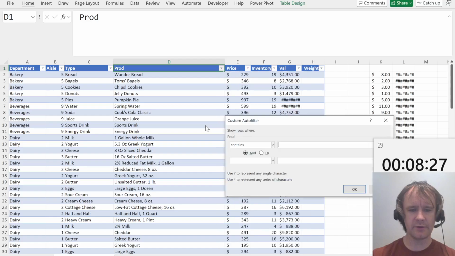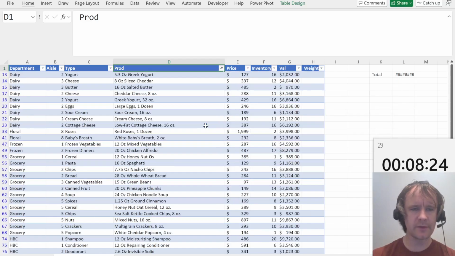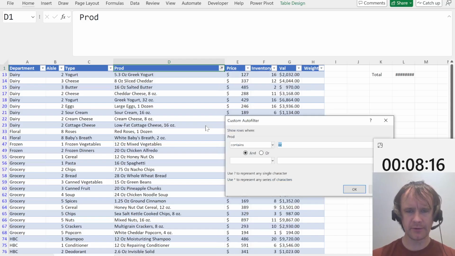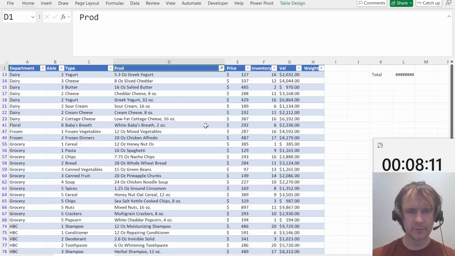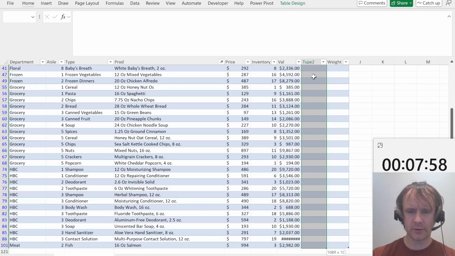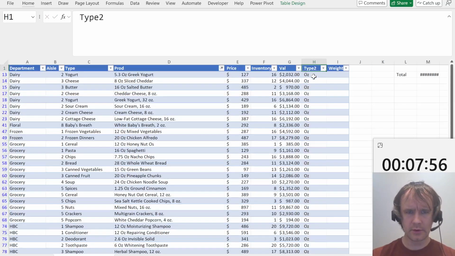So I'm going to do FA contains OZ. I guess I'm going to say FA star space OZ. Then I'm going to say, oh, yeah, so I'm going to make these ounce.